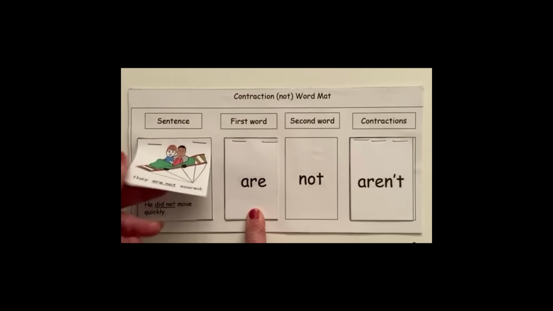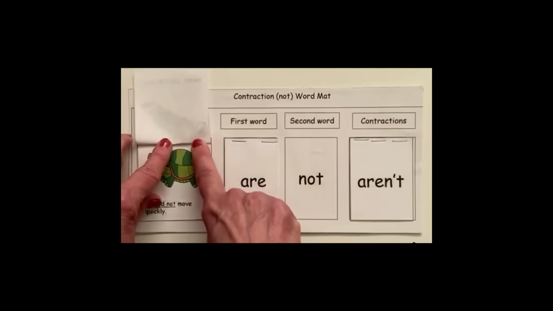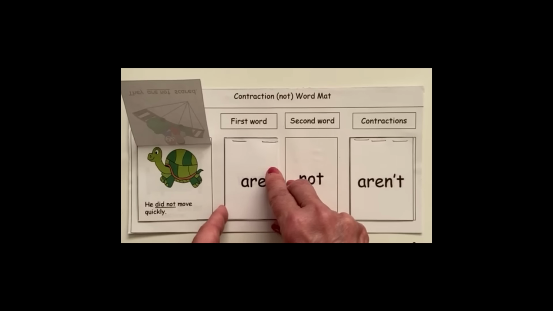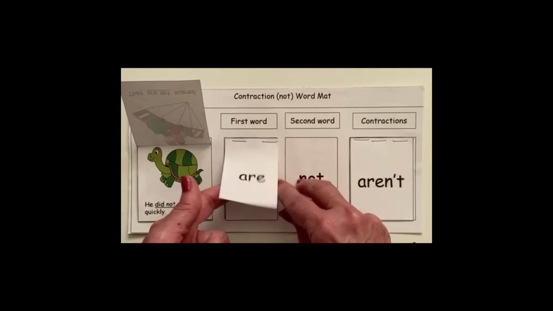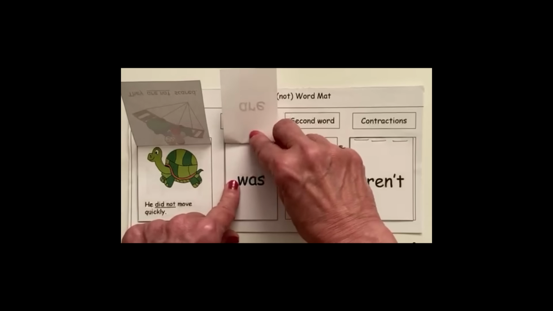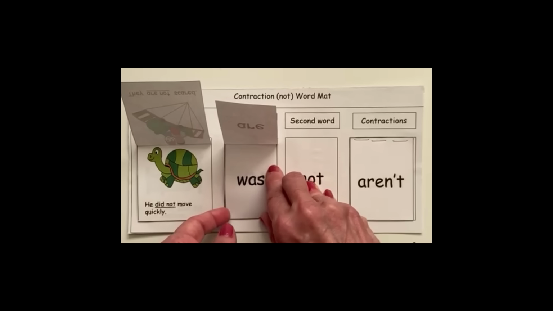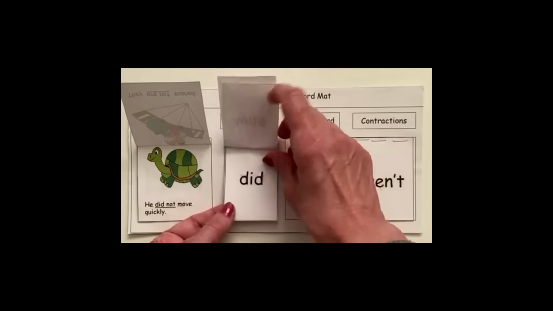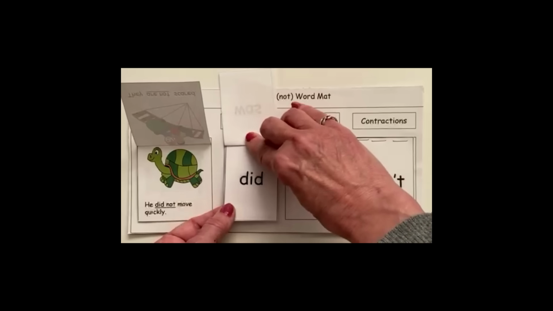Let's see what is here. He did not move quickly. Did. This is not the correct one, so we're going to look for the first word did. Our kids are going to look for the first word did. Was is not the correct one. Oh, and there we have did.